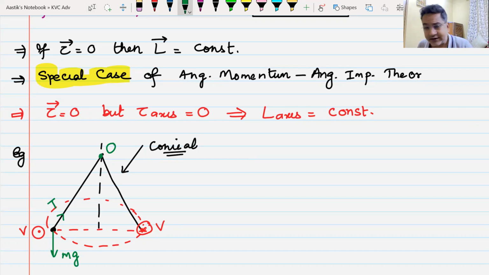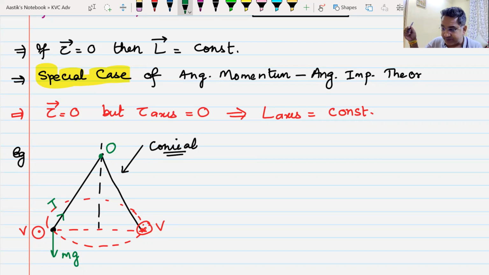Now, if I take, let us say, point O, the tension will pass through point O. Yes or no? So the torque of tension is 0. But if I find the torque of the weight mg about O, it is not 0, because there are infinite axes that can pass through O, and one of those axes is perpendicular to the plane of this.